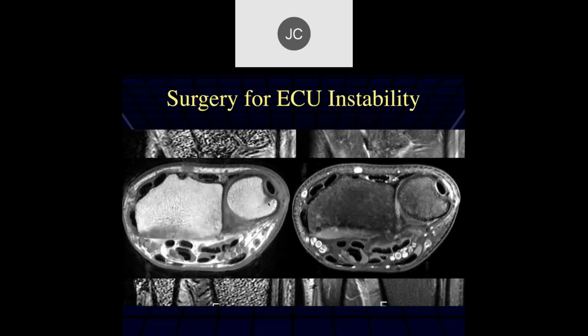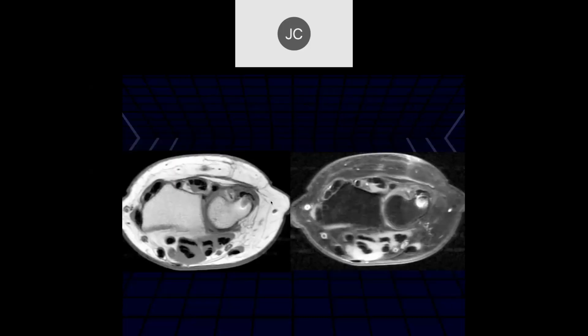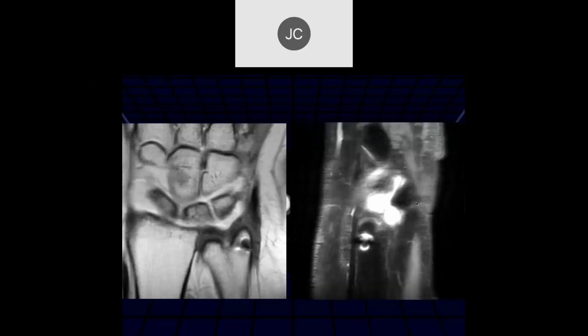The ECU looks pretty good there in the groove. Yeah, and this was surgery for ECU instability. Good. And then here we can see a suture anchor. In this case, the patient still has some subluxation of the ECU and certainly abnormal morphology, and that's a suture anchor placement to try to stabilize it.